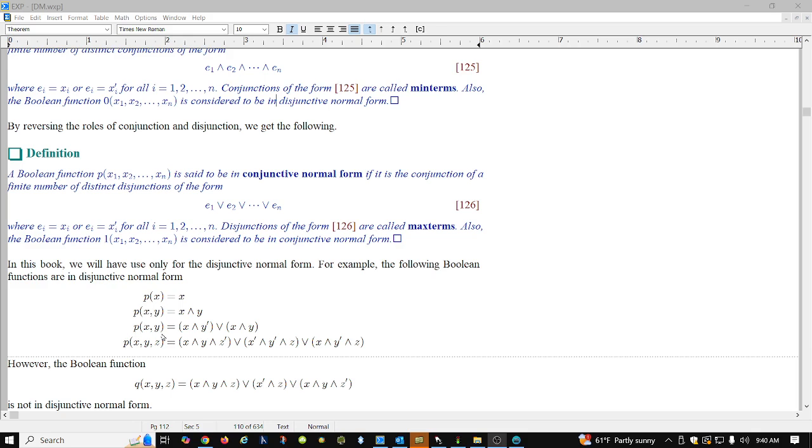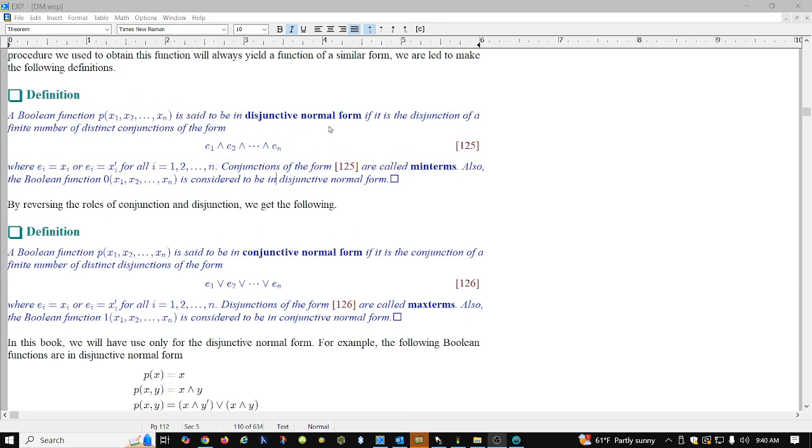So one thing that might help with the terminology is that disjunctive normal form is a disjunction. Conjunctive normal form is a conjunction. Disjunctive normal form is a disjunction of what? Well, the only other operation, conjunctions.